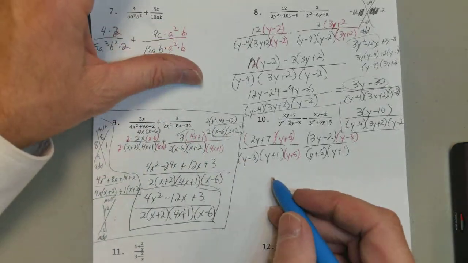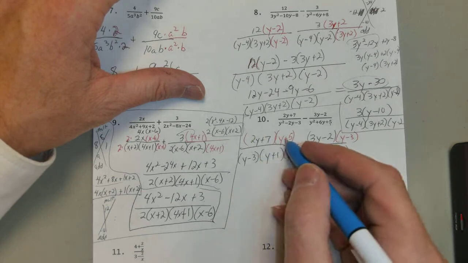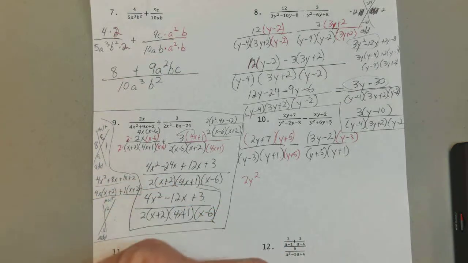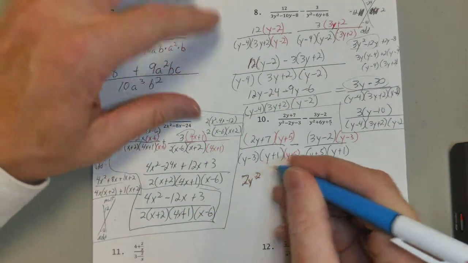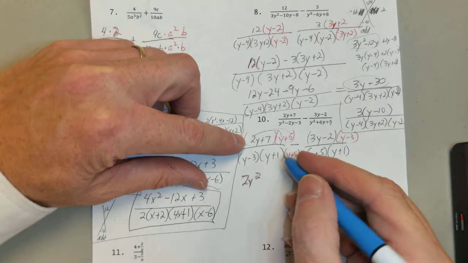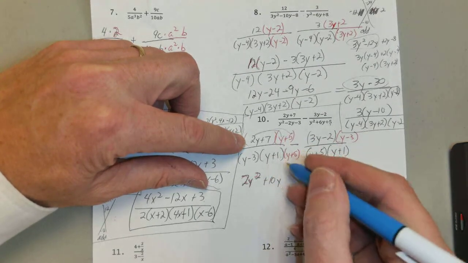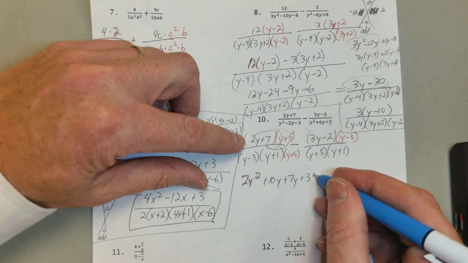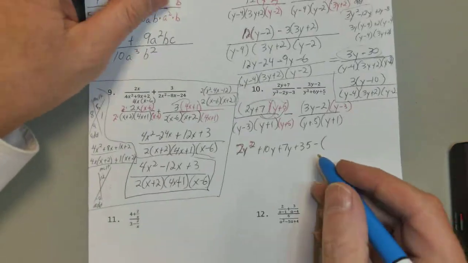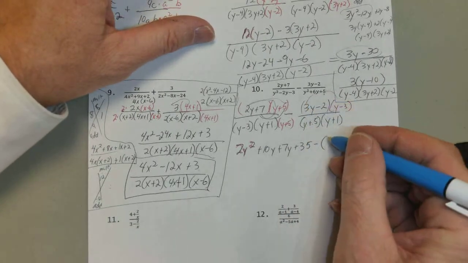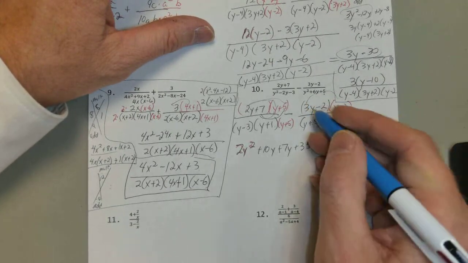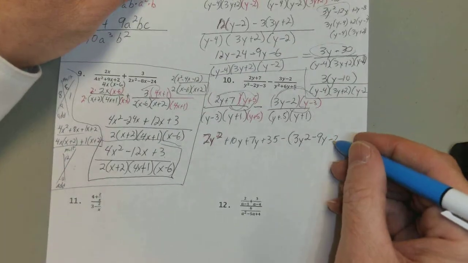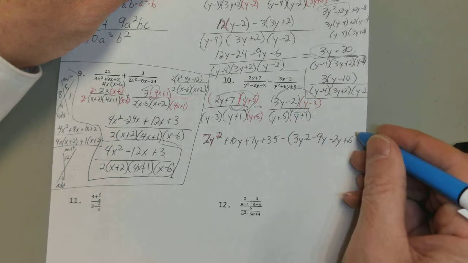All right, I'm going to FOIL the numerator, and I got 2y squared. First, outside is 10y, inside is 7y, and last is 35, minus, I'm going to keep that in parentheses until I'm ready to combine, 3y squared first, outside is negative 9y, inside is negative 2y, and last is positive 6.